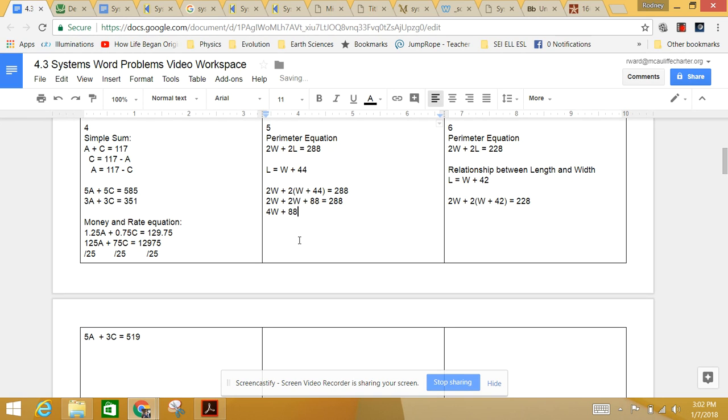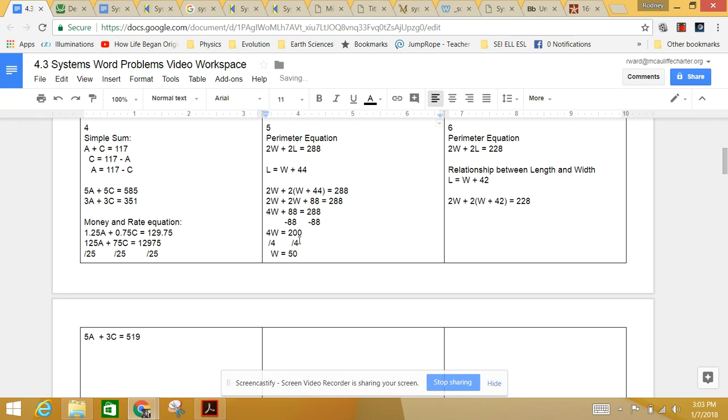I've still got plus 88 equals 288. I'm now going to subtract 88 from both sides because I've got some addition in my way. And I get 4W equals 200. Now I divide both sides by 4, and I've got W equals 50.